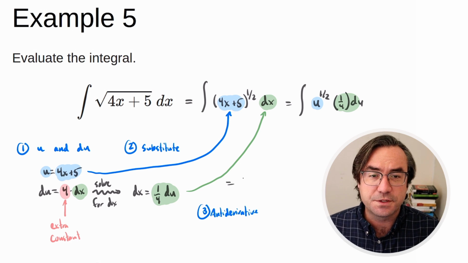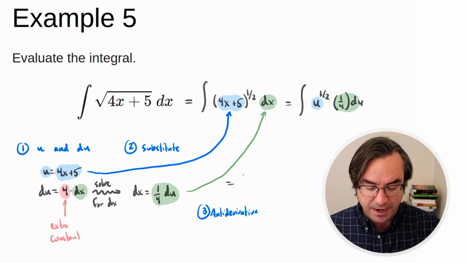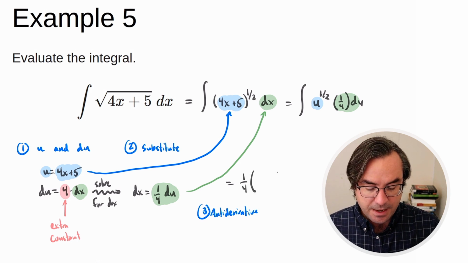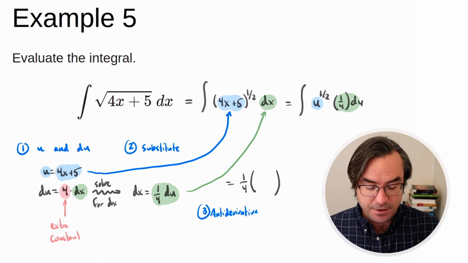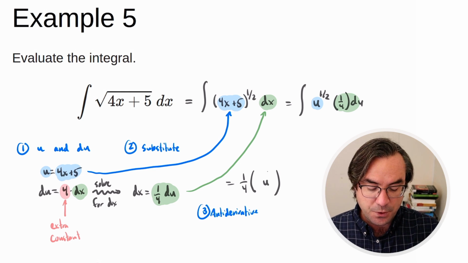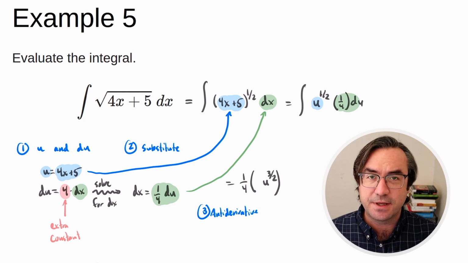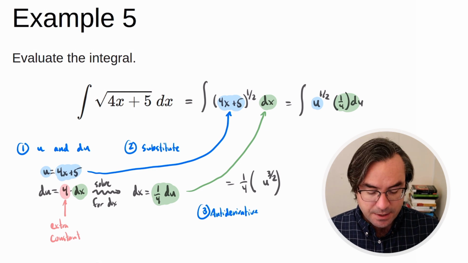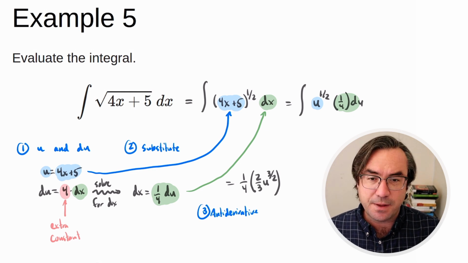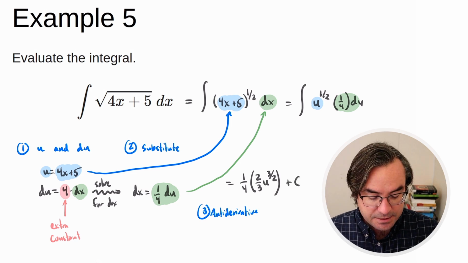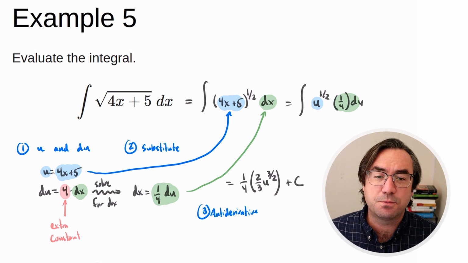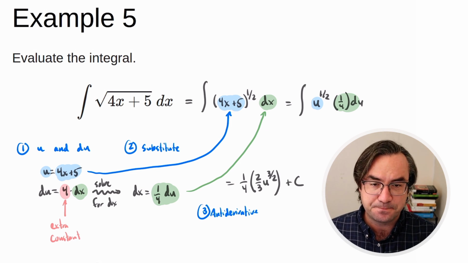Well, the 1 over 4 is a constant multiple, so let's take that 1 over 4 and move it out in front. Then we can focus on getting the antiderivative of u to the 1/2. The variable is u. We add 1 to the exponent, so that takes us up to 3 over 2. Then we take that new exponent, flip it, and put it in front of the u term. And we're doing an indefinite integral, so plus c at the end.